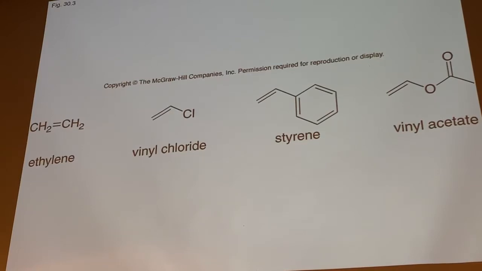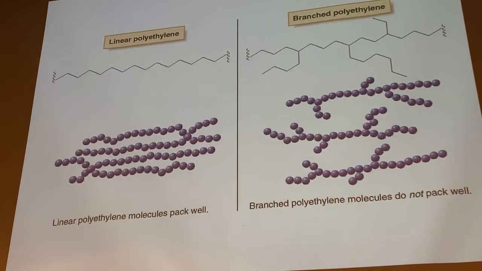All right, so speaking of polyethylene, there are two forms of polyethylene. We have linear polyethylene, and we have branched polyethylene, okay? Based on the figure that you see on the screen, you can see that linear polyethylene molecules would pack more tightly.